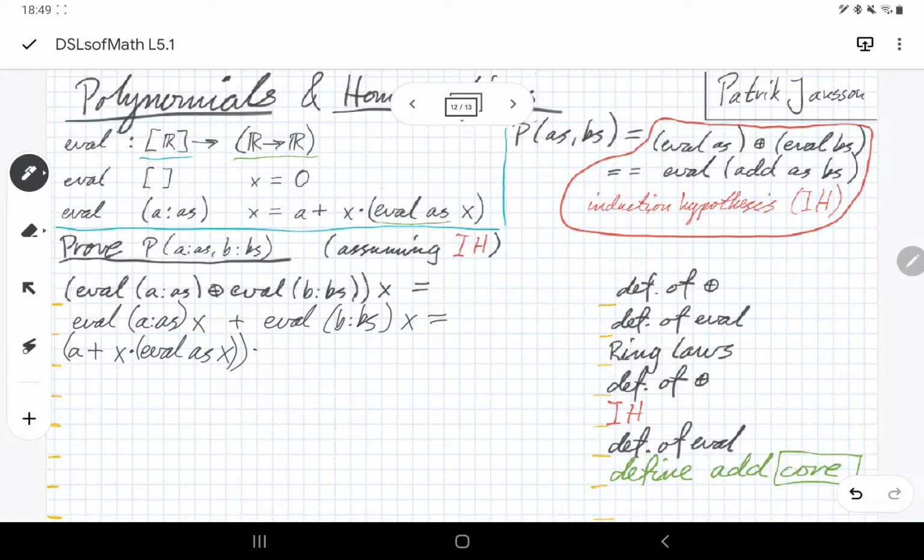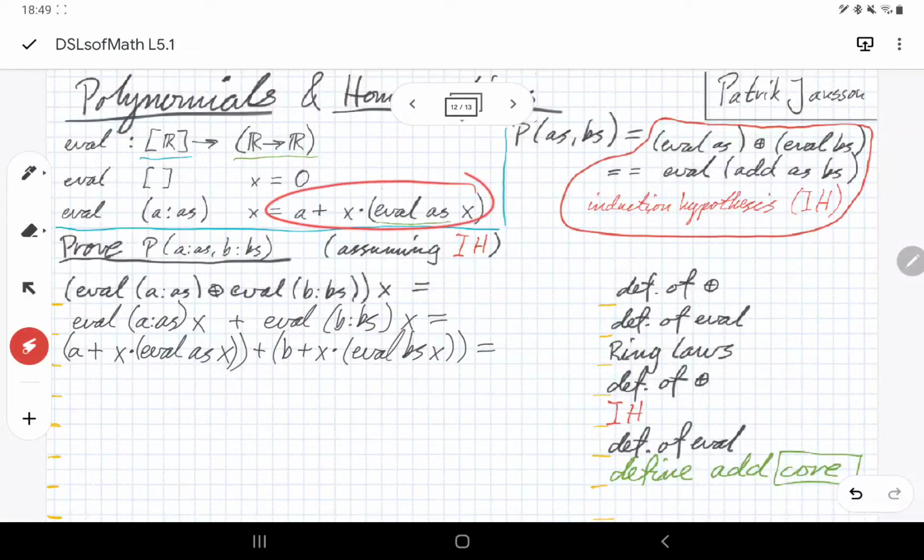And not surprisingly, I'll just keep the plus in the middle and have b plus x times eval bs x on the right. So that's application of the same rule, but now I have b instead of a and bs instead of as.